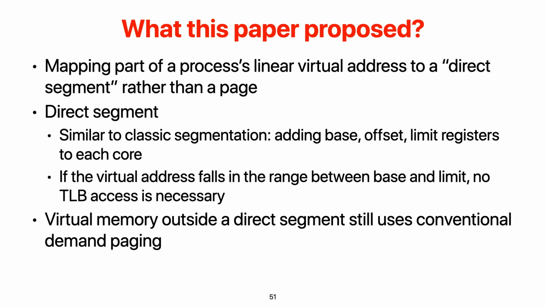So what this paper is proposing is that we embrace the renaissance of segments. If you don't know what a segment is, you should try to review your operating system textbook. But the basic idea of a segment is a consecutive address range in your virtual memory space or physical memory space.